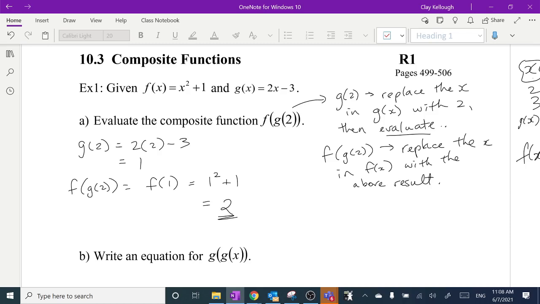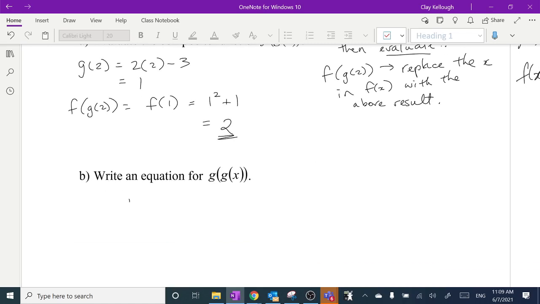Okay. Now, we don't have to put numbers into functions. We could put a whole entire function. In this case, we're going to put a function into itself. So g of g of x is going to be me taking the g of x function and replacing the x with g of x. So instead of 2 times x minus 3, I replace the x with 2 times x minus 3.